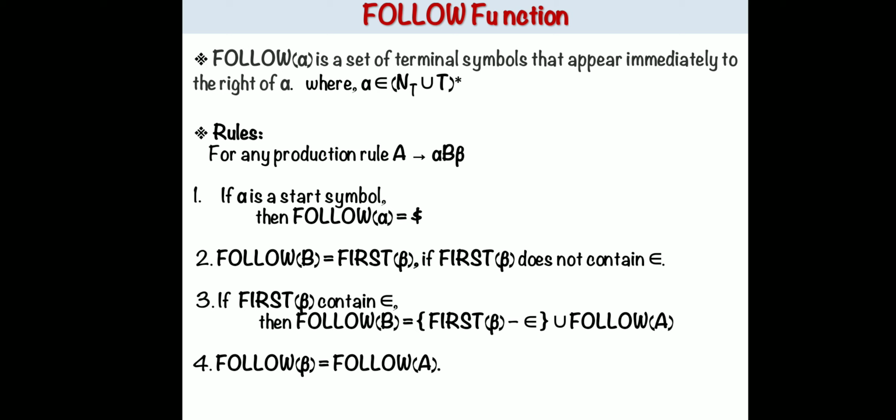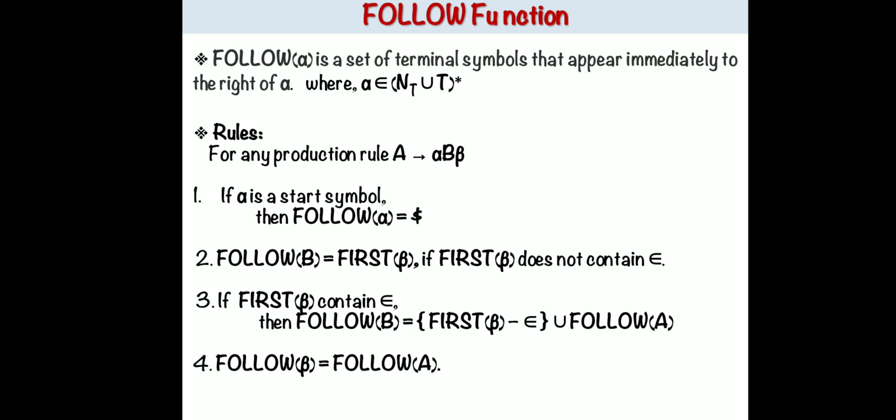If first of beta contains null, then follow of B equals first of beta minus null union follow of A. And lastly, if beta is not followed by any terminal or non-terminal, then everything in follow of A will be in follow of beta.